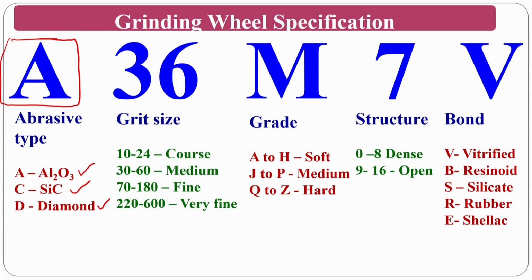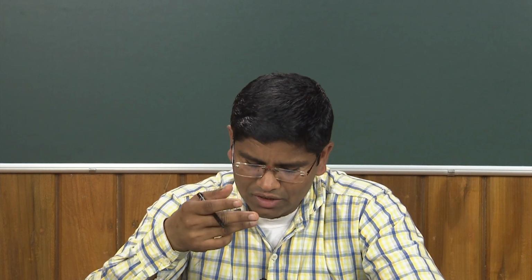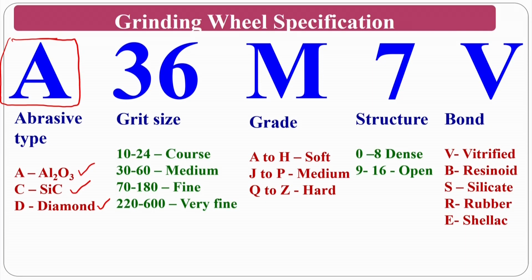Next is the grit size. If the grit size is 10 to 24, it is coarse, meaning very big or rough. Normally coarse grits are used where material removal is the criterion, not surface roughness. 30 to 60 will be medium, 70 to 80 will be fine, and 220 and above will be super fine.